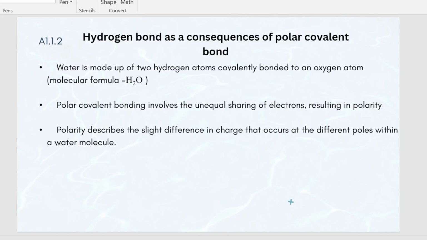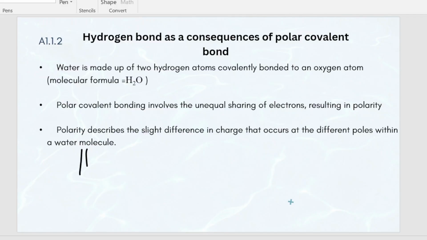Now before we look at hydrogen bond, we need to understand the structure of water. So I'm going to be taking you into the structure of water. The chemical formula of water is H2O.